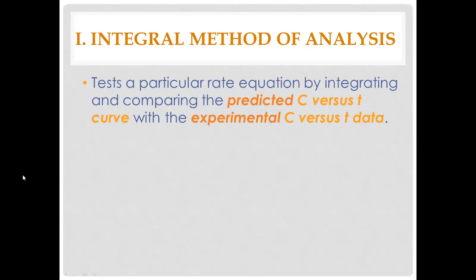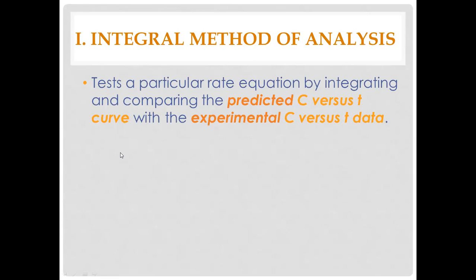So if you notice, it starts with the word tests. It tests a particular rate equation by integrating it and comparing the predicted value of the concentration given the time. This is what is meant by predicted C versus T curve, and with the given experimental data.